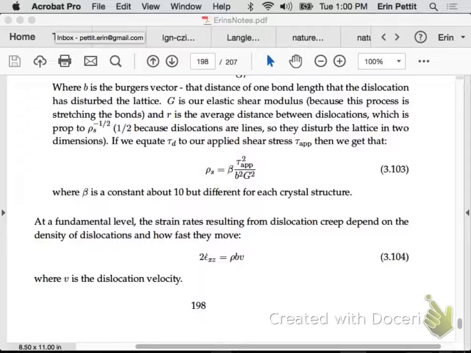And all of this is a general concept for polycrystalline materials. There are subtle differences depending on the different materials that you're working with.